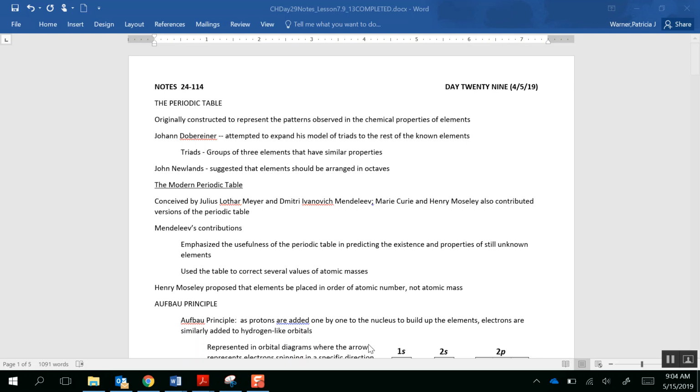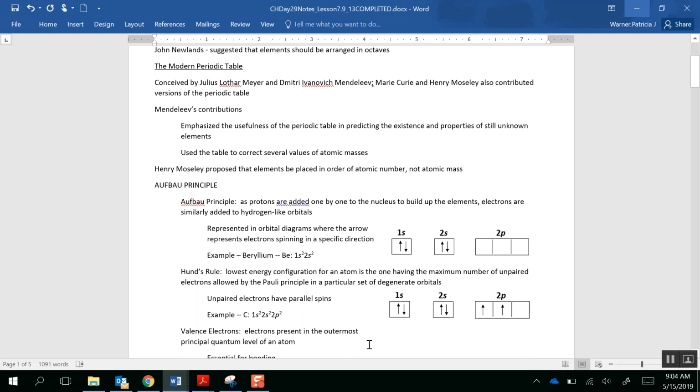He looked at different elements and realized that they behaved very similarly, and so he wanted to organize that. Moseley put them in order of atomic number, not atomic masses. So there are a couple places on the periodic table where they would be inverted had Mendeleev's plan stuck, because the masses would have put the elements in a different order.